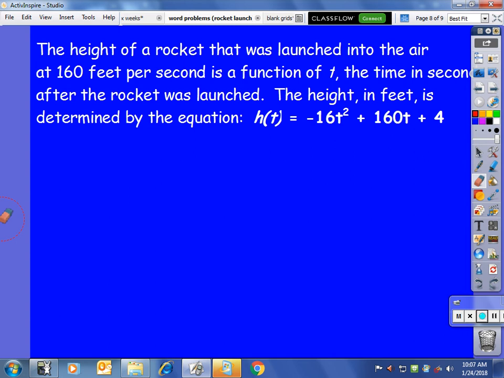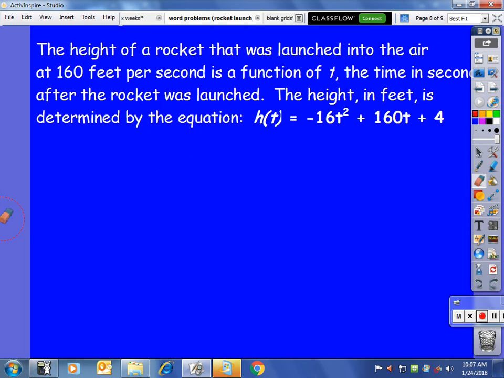Now, in the setup of the problem, they're trying to help you determine what the x's stand for and what the y's stand for. Think about that. You can just put word problems for parabolas. I don't care. That's fine. Word problems for parabolic functions is fine.